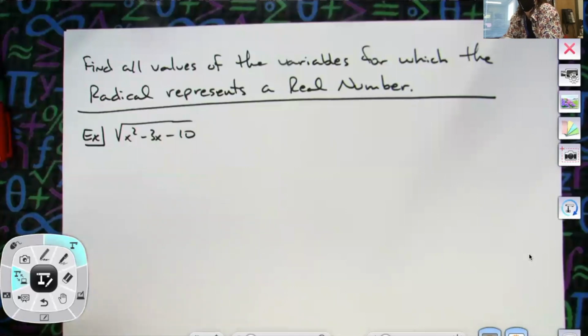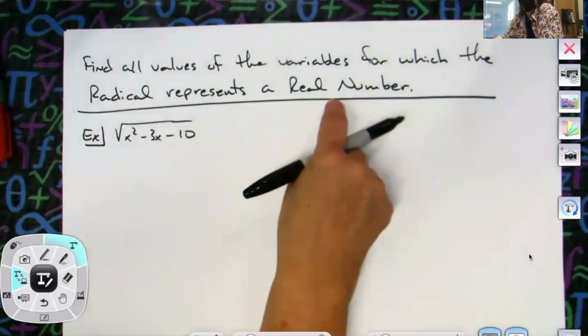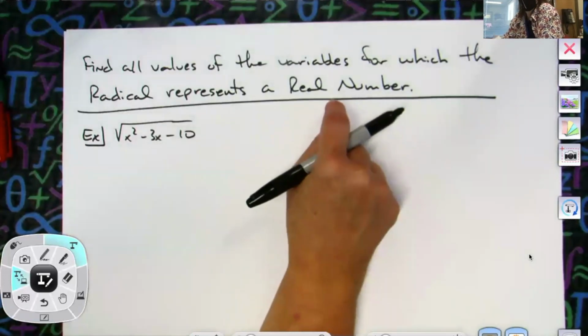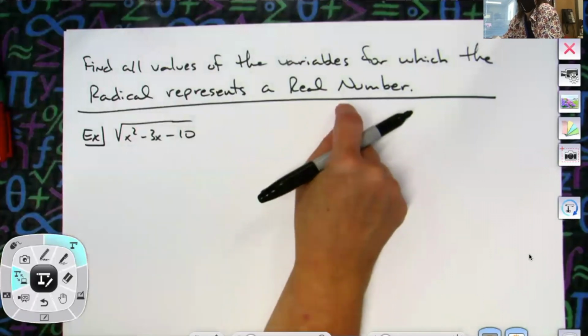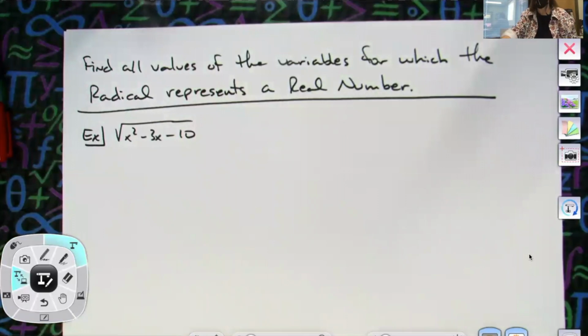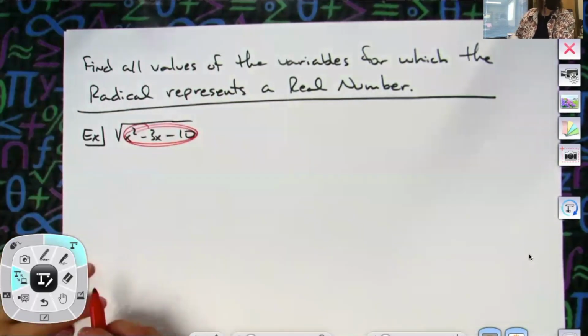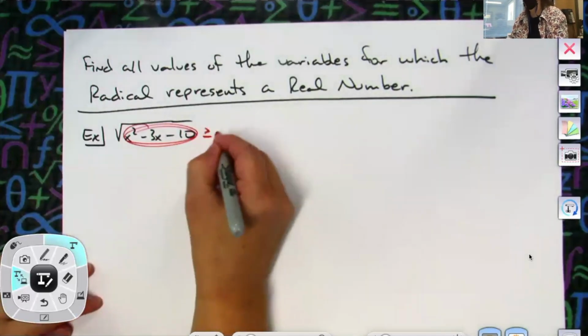If I take the square root of a negative number, I get imaginary. So whatever's underneath this radical cannot be negative, because I want to know what values represent a real number. Does that all make sense? You have to read the directions and then actually think about what they're telling you to do. So in other words, this right here has to be greater than or equal to 0.